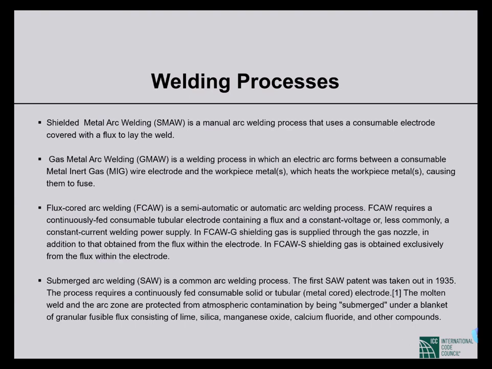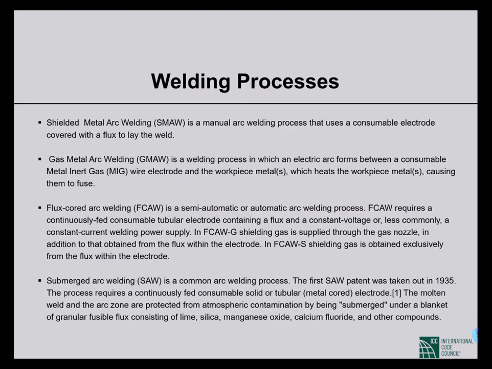Flux core arc welding. This is an automatic type. We need machines for this type of welding. The electrode is tubular, like a tube, and it contains flux, and there is constant voltage, so that's why you need a machine for that.